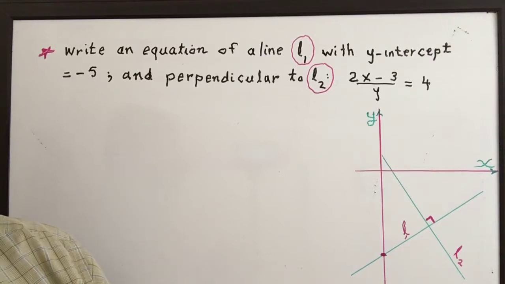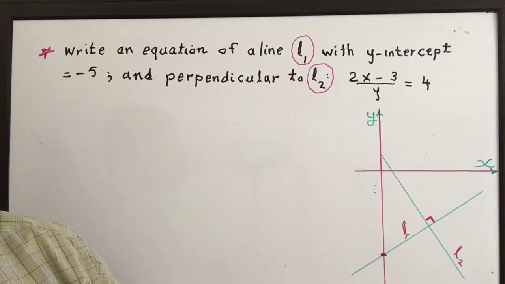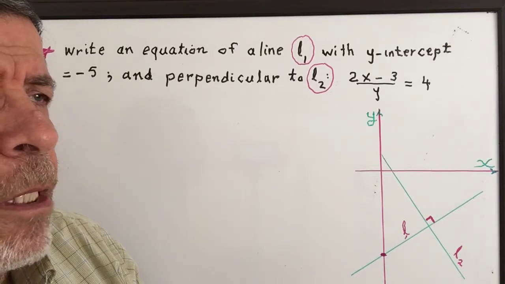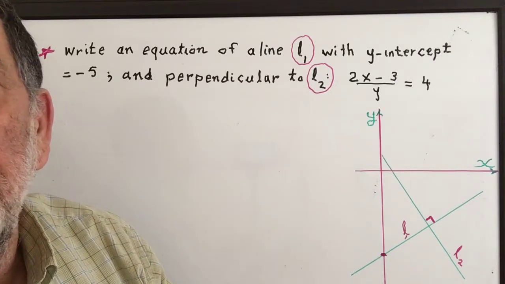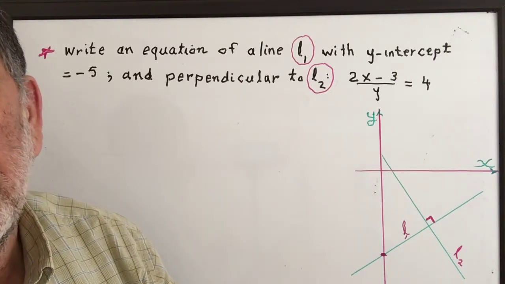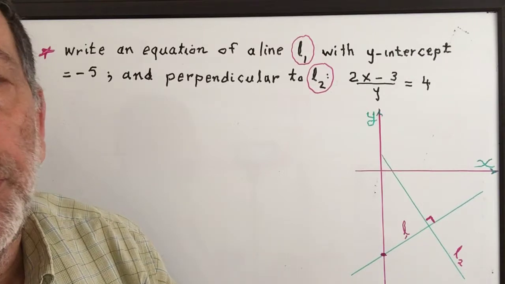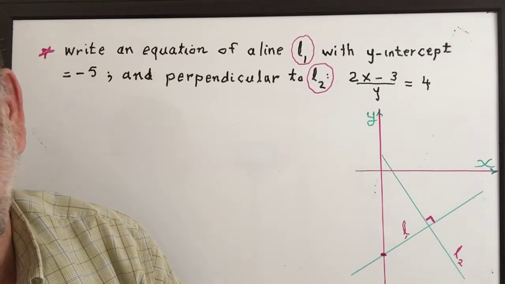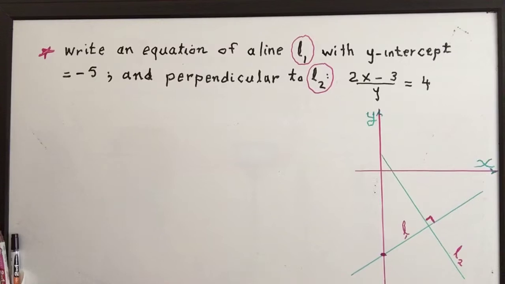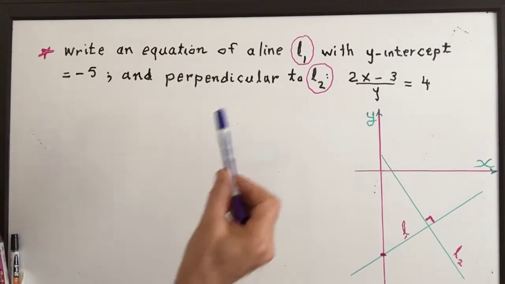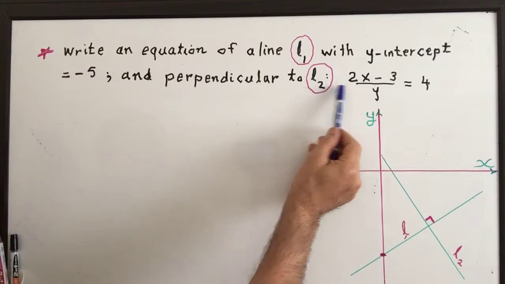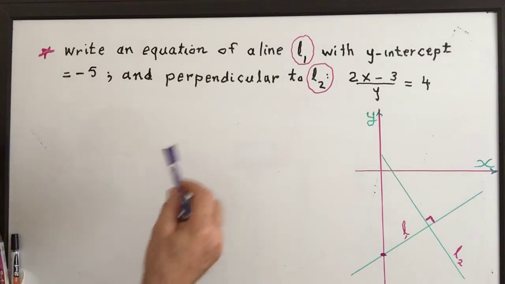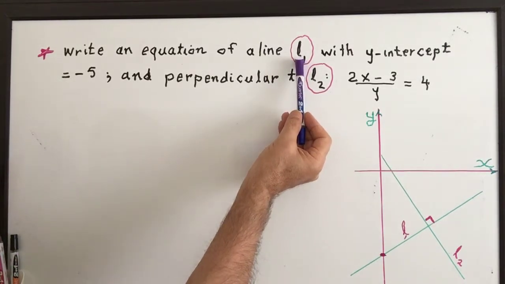In this video, I'm going to explain another example on how to find the equation of a line where we are given its y-intercept and that it is perpendicular to another line given its equation. Here, the line with known equation we denoted by L2, and the line we want to write its equation for is denoted by L1.